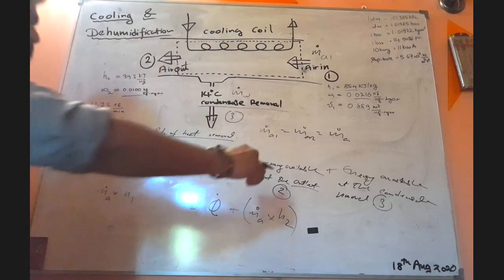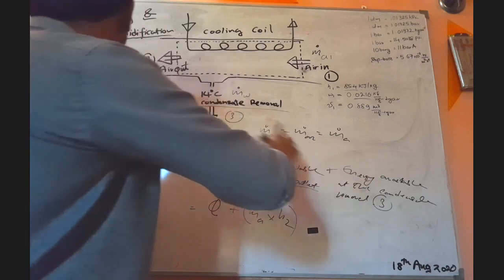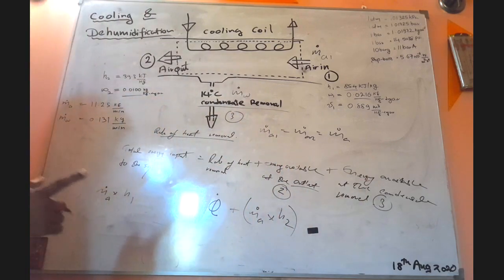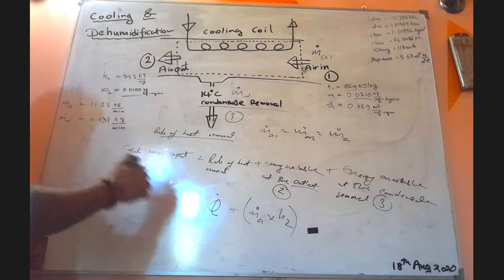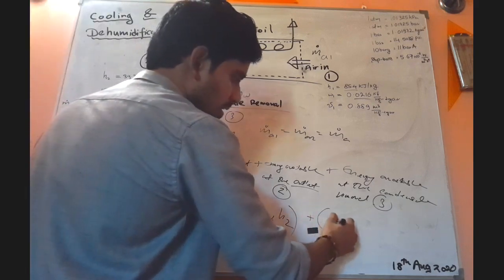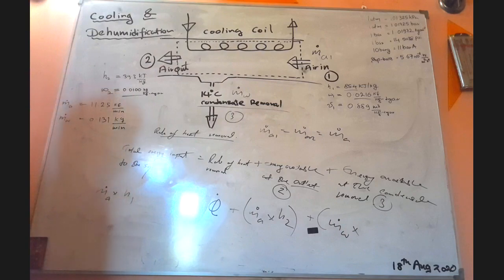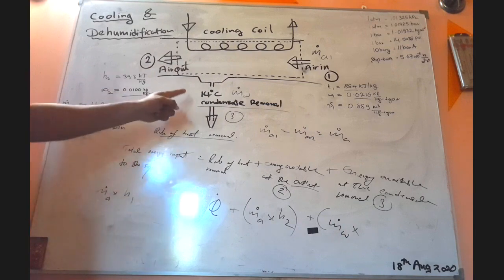Then energy available at the condensate removal. Now we know the rate of condensate removal, we have calculated that, as mw dot, plus mw dot multiplied by the energy content that it is having, that means the saturated liquid enthalpy at 14 degrees Celsius.